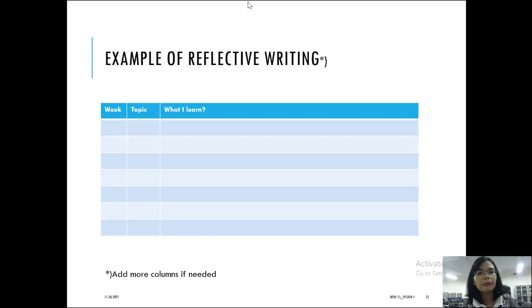Okay, and this is the example of the reflective writing that you can have a look at. And you can always add more columns if needed. Yeah, so in week 1 we learn about encounters. I learn how to greet my friends in English, and I also learn the expressions to greet people formally and informally.